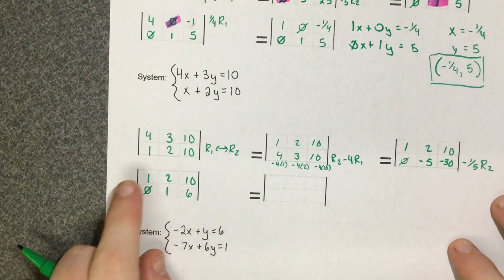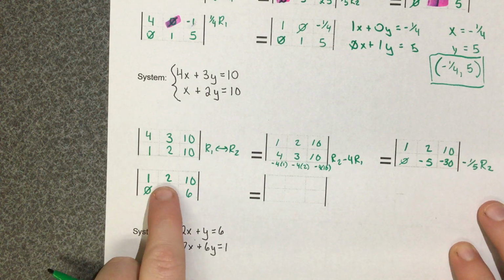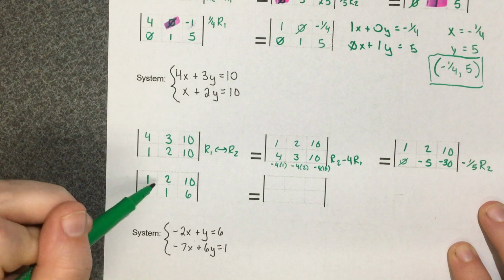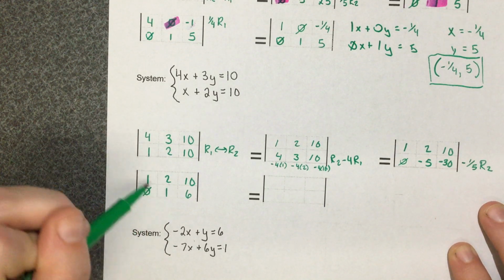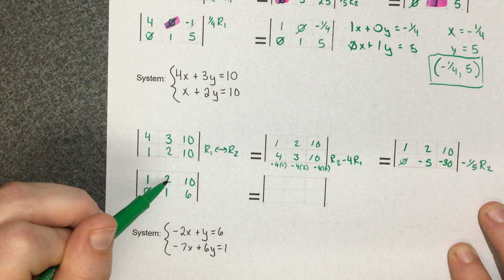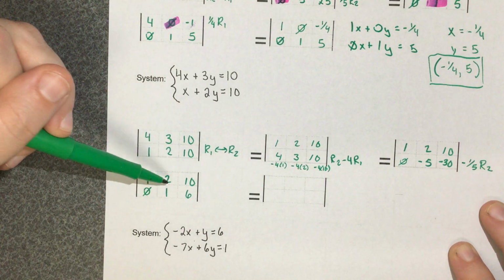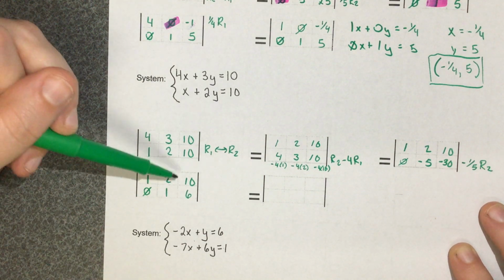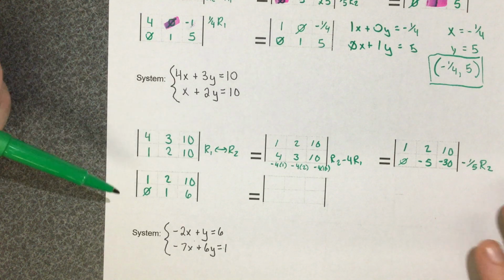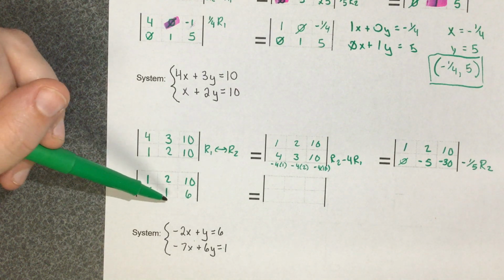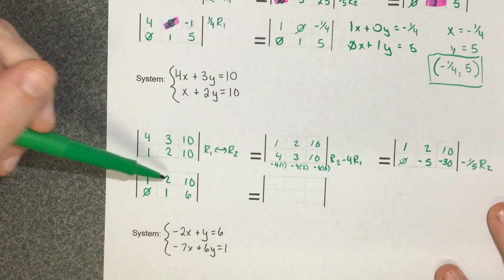Now that I'm here, I just need to fix that too. I have my 1s down the diagonal exactly how I want. I have a 0 here, I just need a 0 here. So I can't multiply this by 0, I cannot divide it by 0. The only thing I can do is subtract row 2 from row 1.